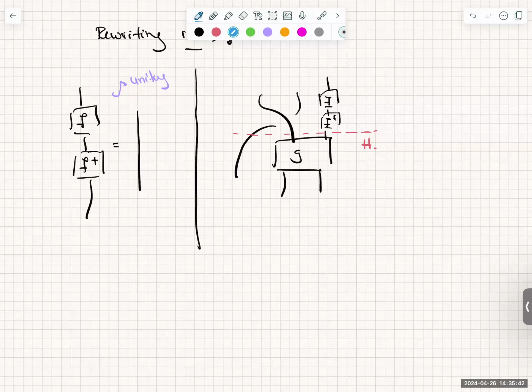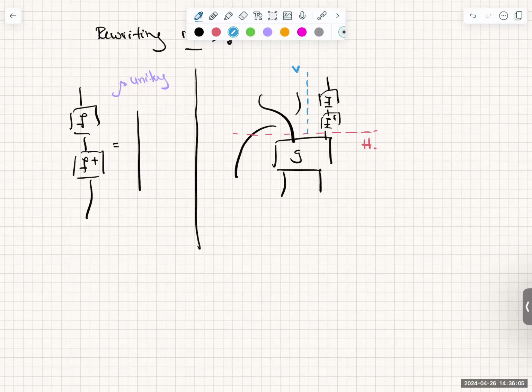On the other hand, I can also think of cutting something vertically. Now, since I'm going up to this box G, it doesn't necessarily have to be the case that either side of this vertical cut is a sub-diagram or a valid diagram in any sense.